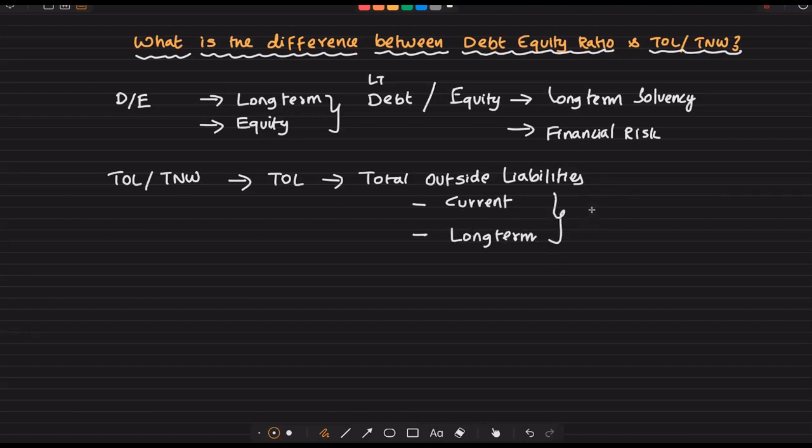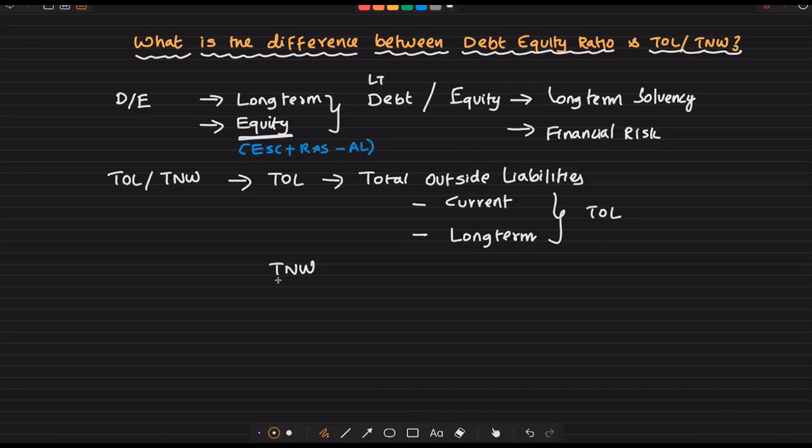All the liabilities will be included. That's why it is called total outside liabilities, and that will be compared with the tangible net worth of the business. So it is not mere equity, because when we say equity, it is basically the sum of equity share capital plus reserves and surplus minus accumulated losses. That's what equity basically means.